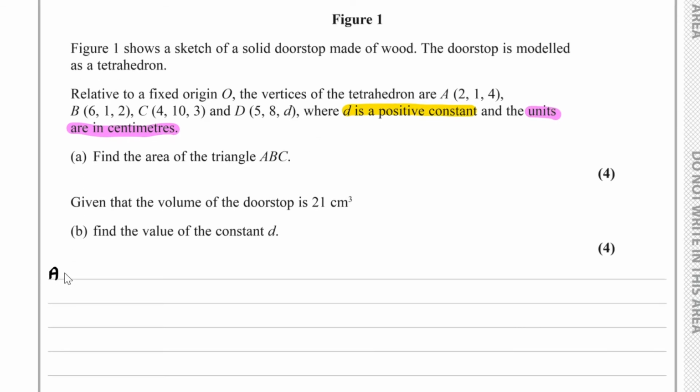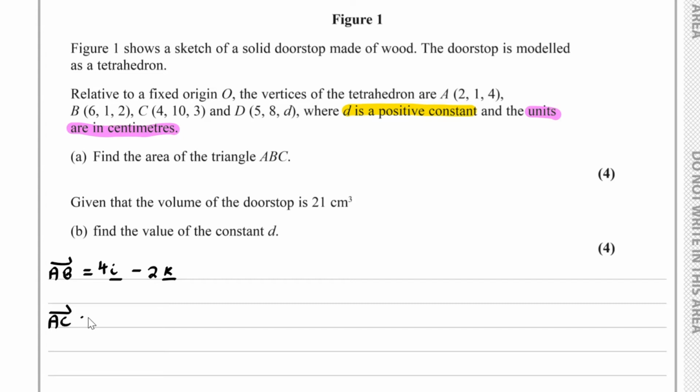So the vector AB is equal to 6 take away 2, which is 4, so we have 4i. 1 take away 1, which is 0, so we have 0j. 2 take away 4, that's minus 2, so we have minus 2k.